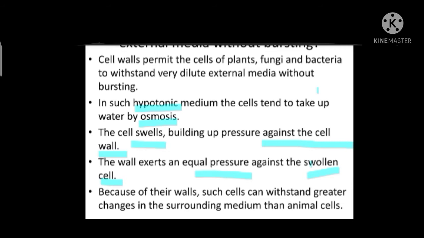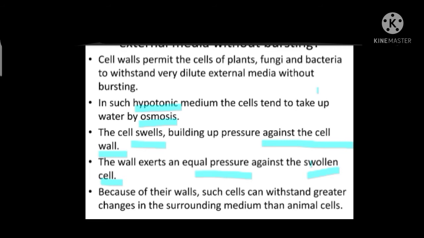If there is no cell wall, what will happen? When a pressure is created against the outer covering, that covering may burst, isn't it? But here, due to the presence of the rigid cell wall, it can create an equal pressure against the swollen cell.